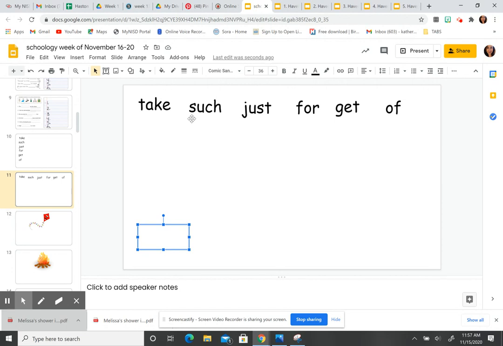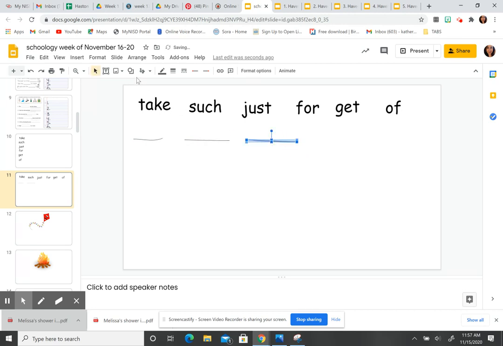Okay. The next word we're going to do is the word such. And we're going to write the sentence. And it's going to say, we had such a fun time. We had such a fun time. Let's think about how many words we need. We, had, such, a.